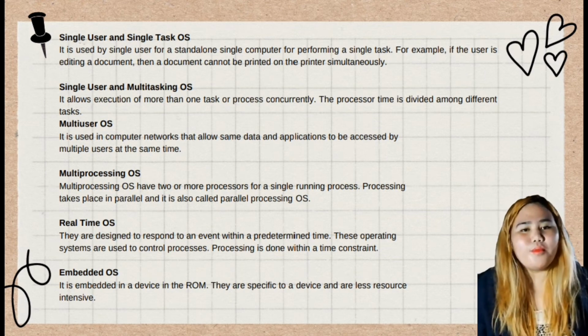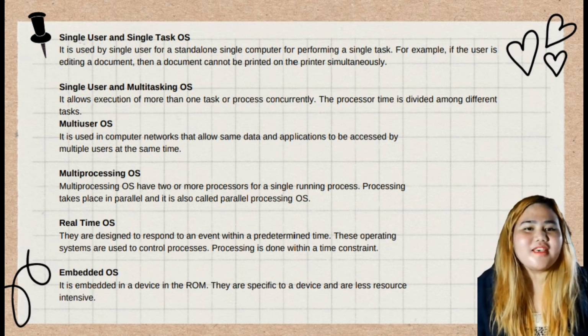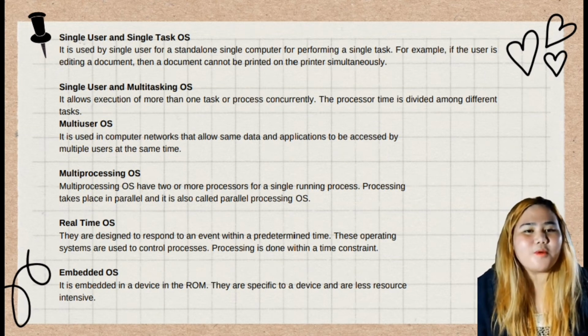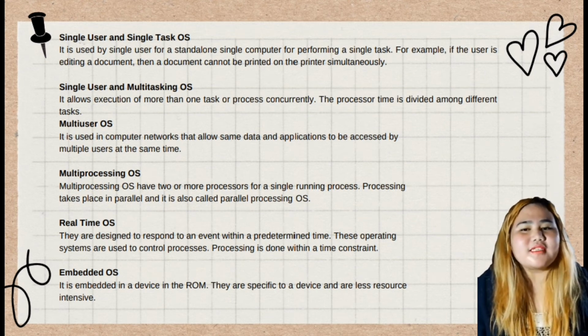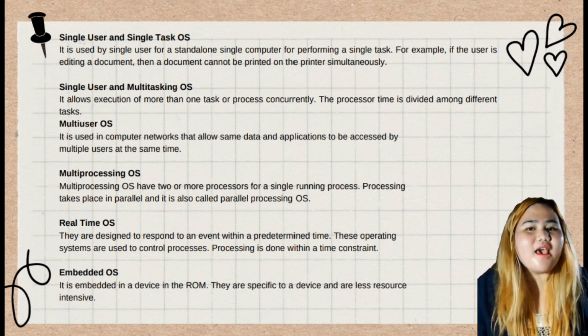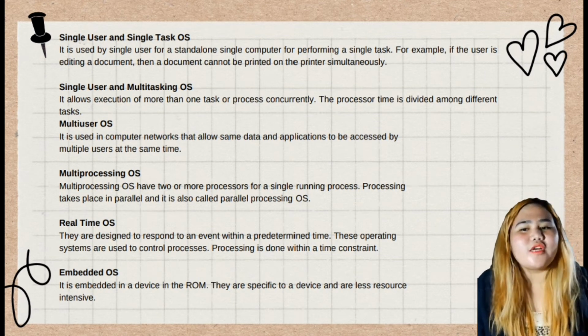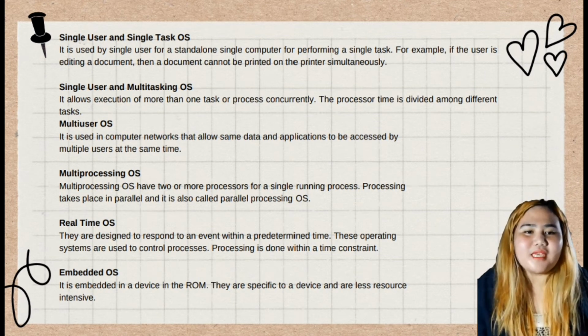OS. Multiprocessing OS. A single running process can use two or more processors in multiprocessing operating systems. Also called parallel processing OS, the processors each engage in one or more tasks at once or in several components of the same task.